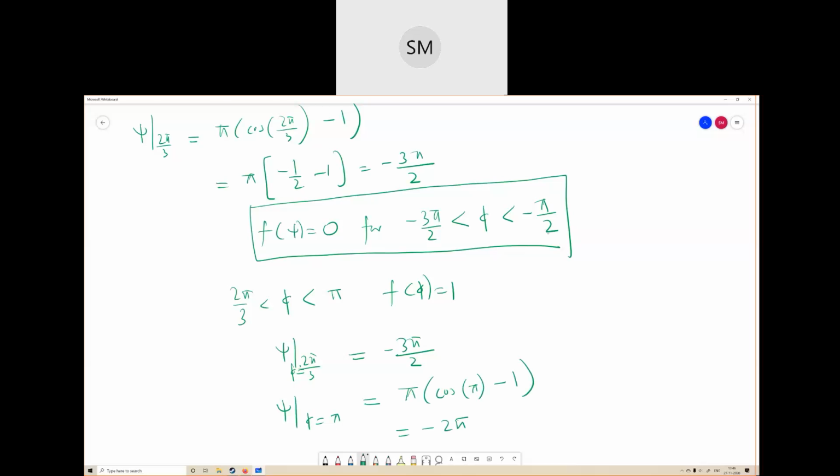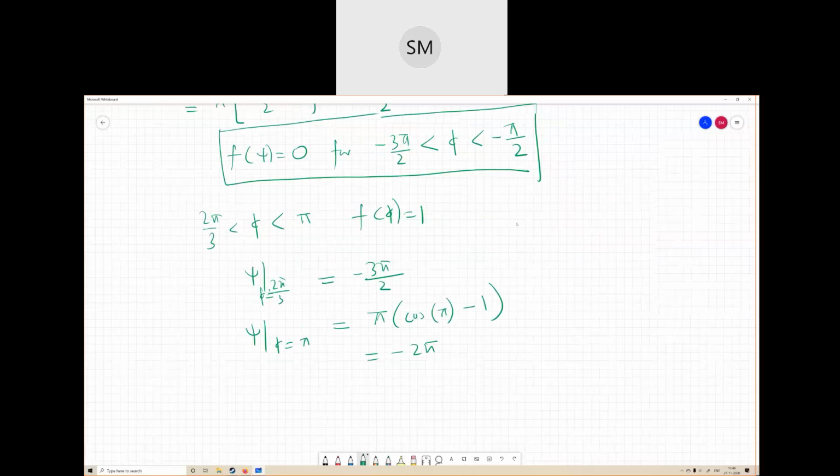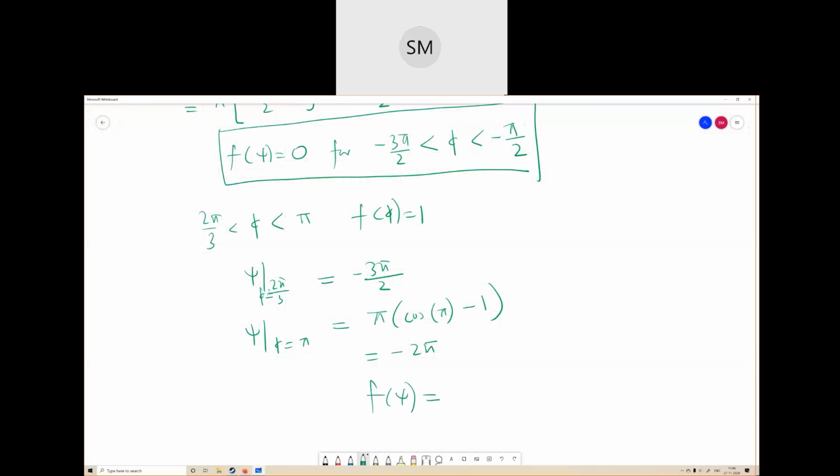So the third expression is F of psi equal to 1 for psi from minus 2 pi to minus 3 pi by 2. Can we write this?